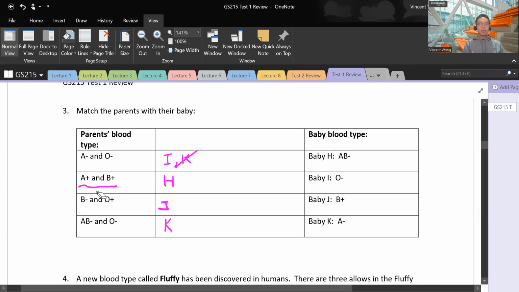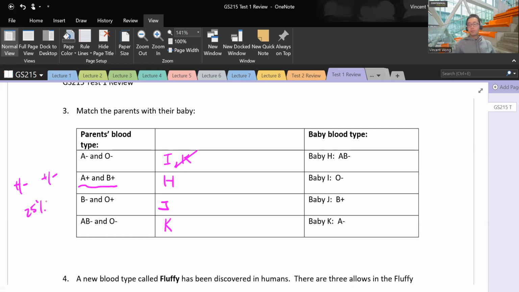Remember, positive can be homozygous positive or heterozygous positive, right? So if these are positive, negative individuals, then there's a 25% chance that their baby is going to be negative, right? Does that answer your question? All right. Anyone else?